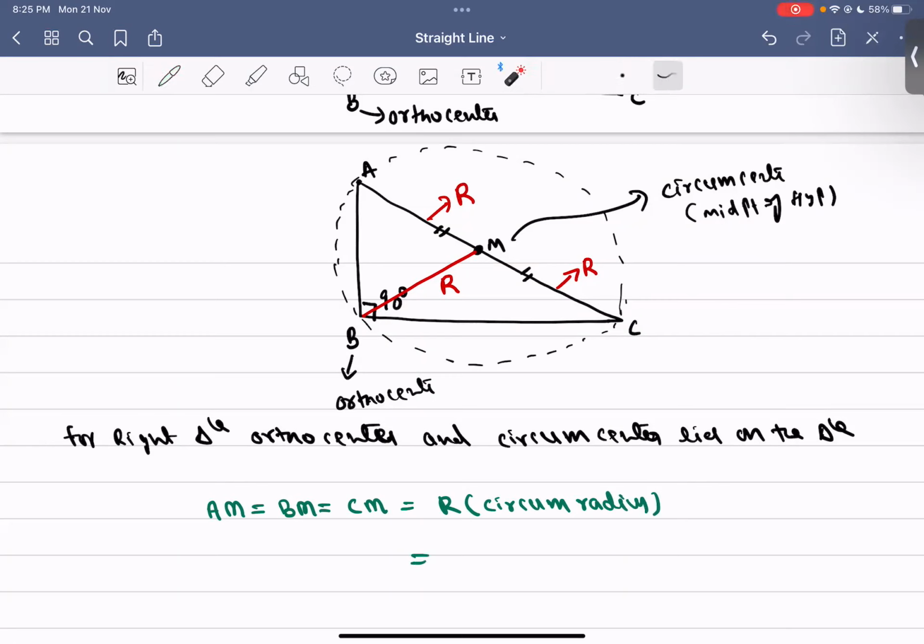Yesterday I gave the notations. The length of the side opposite to vertex B is denoted by small b, or not? This AC is equal to what? From this diagram, this AC length is equal to small b. That's why this R is equal to small b by 2. Clear at this point? Small b by 2.